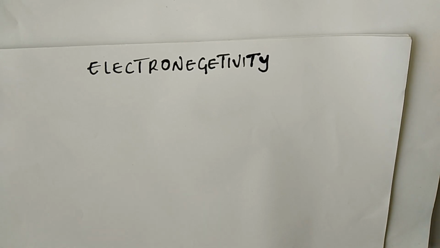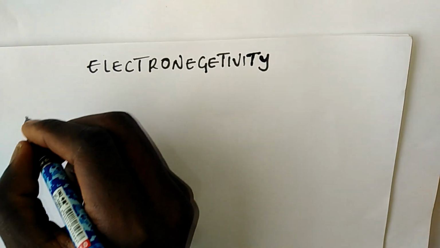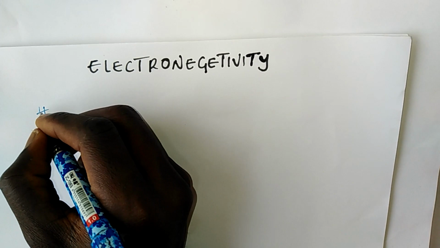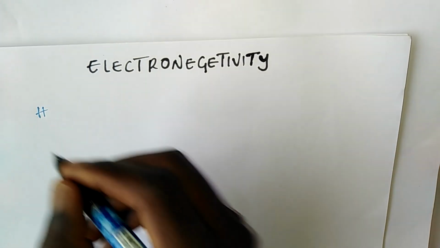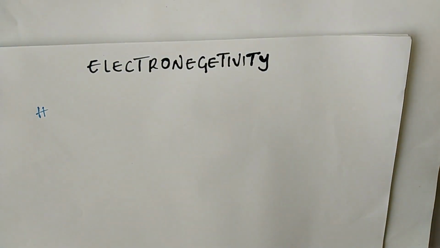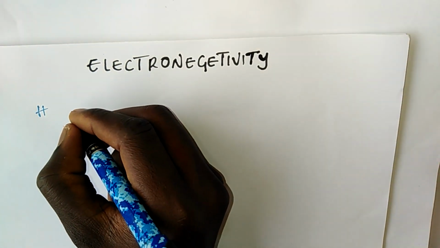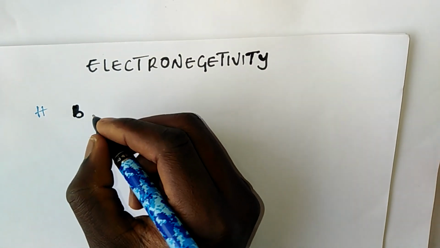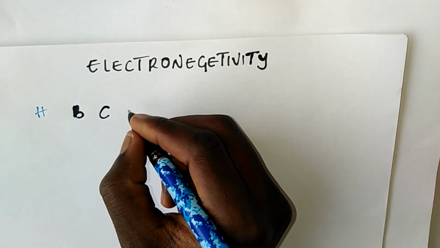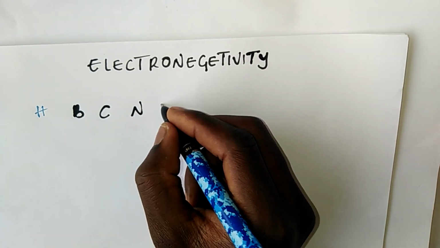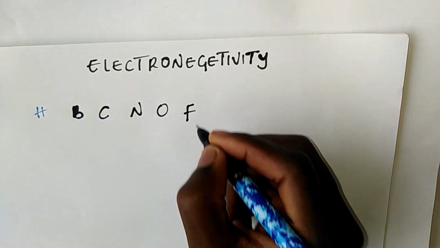So take for instance, we have hydrogen on the periodic table. Let me change my pen. We have hydrogen, boron, carbon, nitrogen, oxygen, and fluorine.